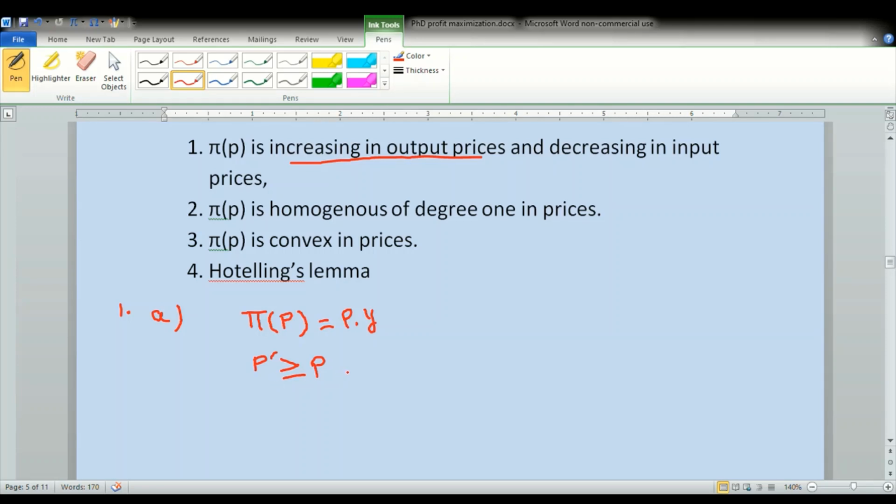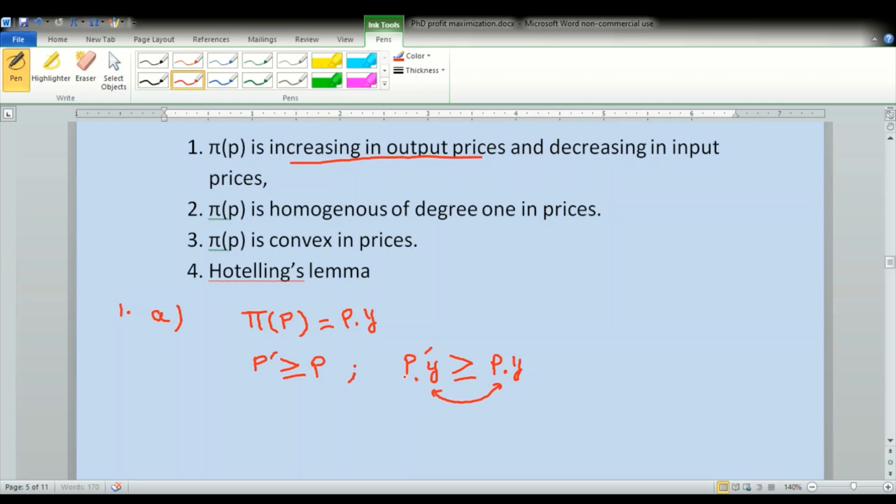If we take the scalar product with y, so that we have P dash y, this must be greater than or equal to P y for the reason that the netput vector is the same on both sides.